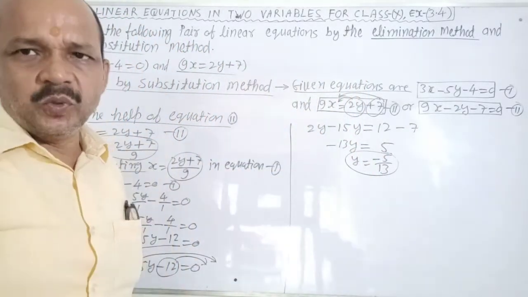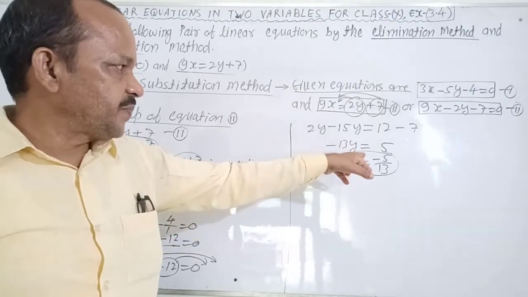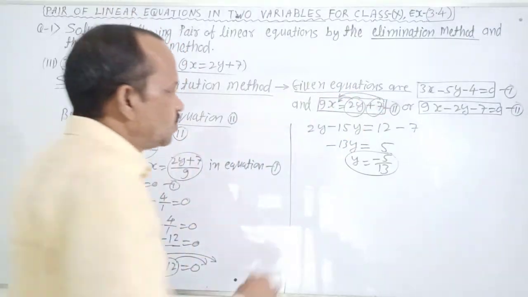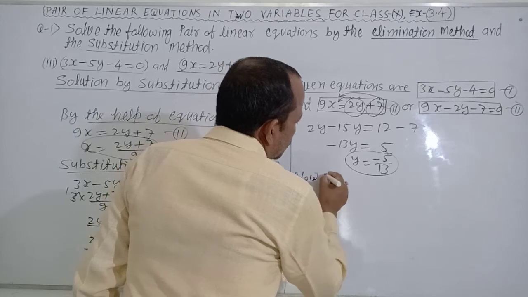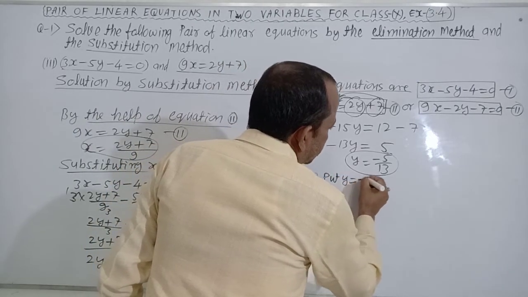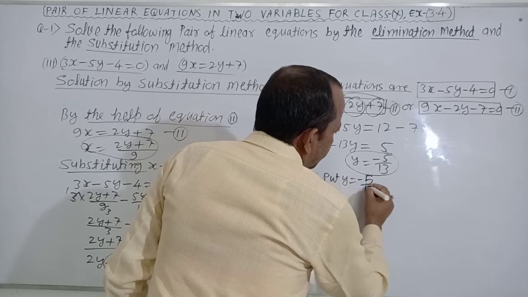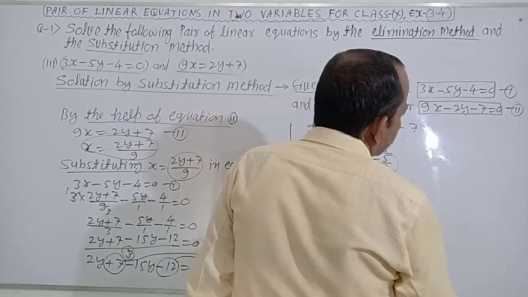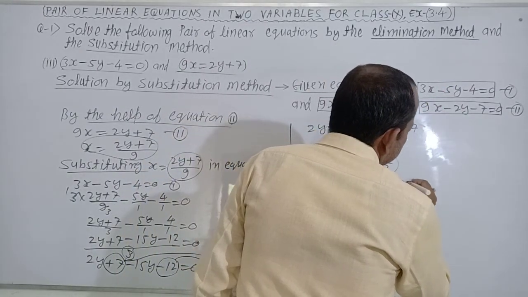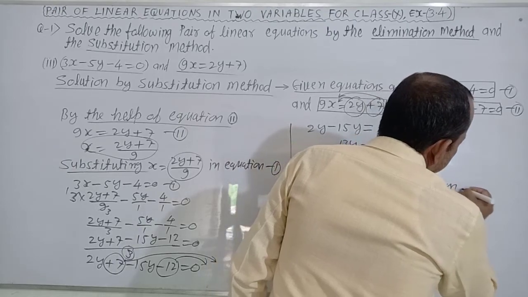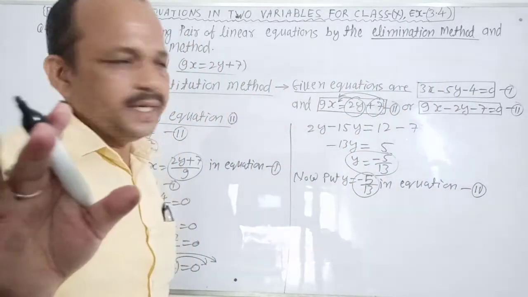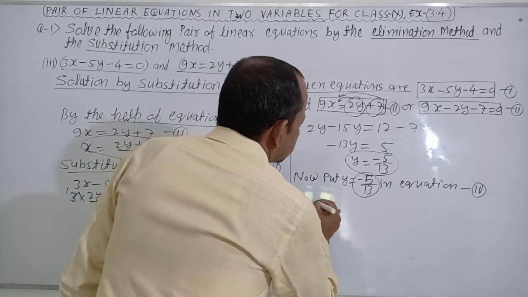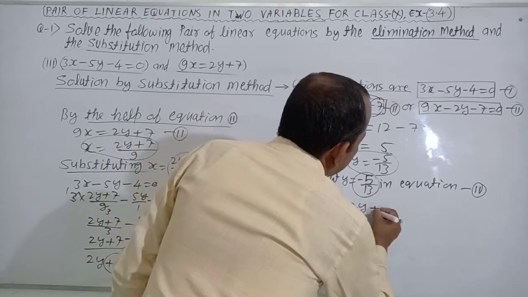Clear? Now you put y equal to minus 5 by 13 in equation second. Equation second is 9x equal to 2y plus 7.